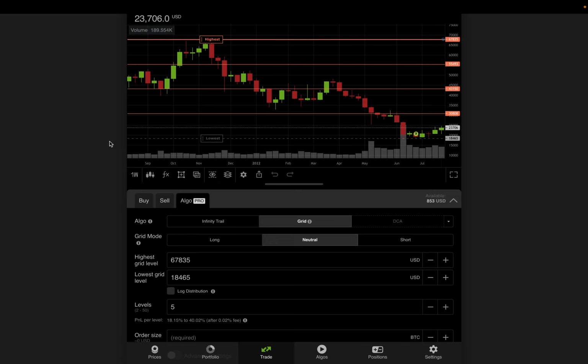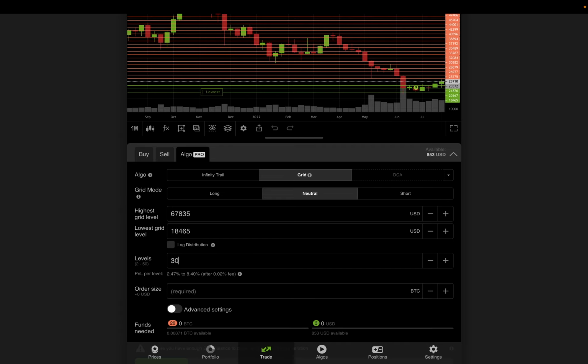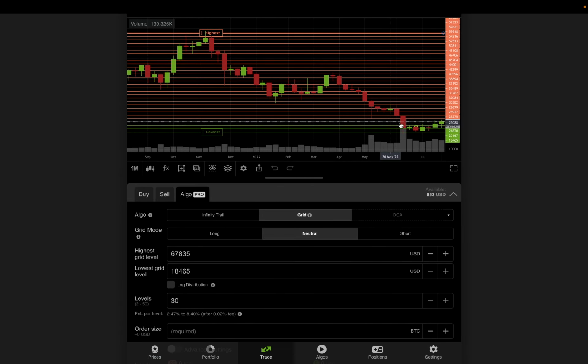So the probability that the price will move from here to here is much lower than it will move from here to here, because the distance in percentage terms is much larger, right? And of course, that also means that if you put a lot more levels here, then when the price is in this region, it moves relatively slower between the levels, and it accumulates risk if the price goes against you and you go through all the levels.